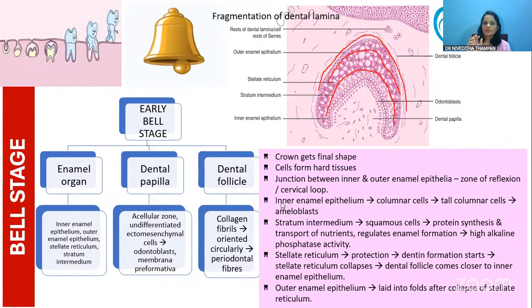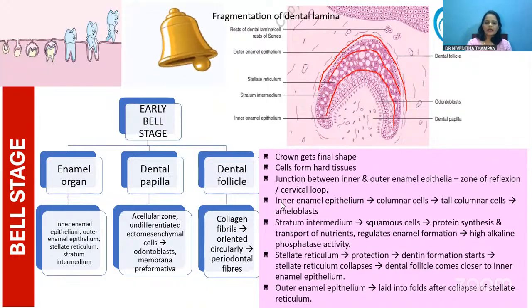Remember, if in our body any hard tissue is getting formed, be it bone or enamel or dentin or cementum, there will be alkaline phosphatase activity present. So this stratum intermedium is the one contributing to this high alkaline phosphatase activity during tooth formation.